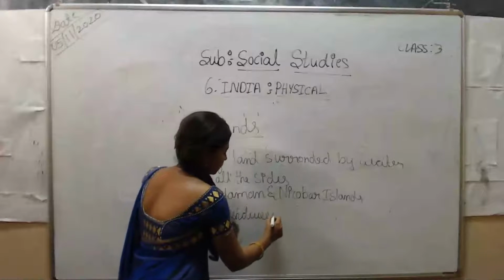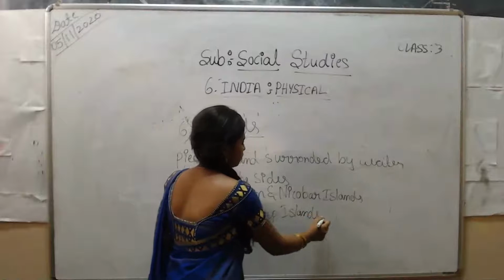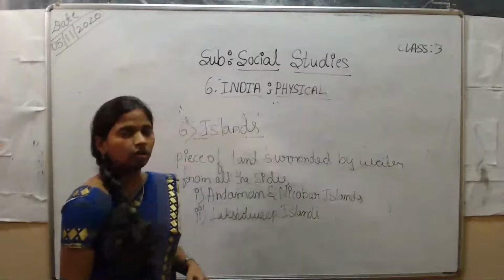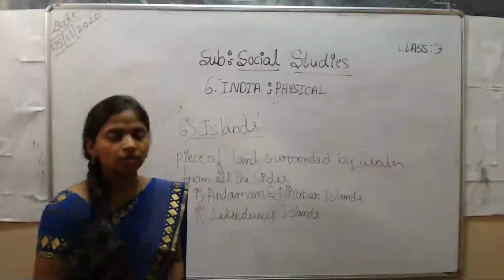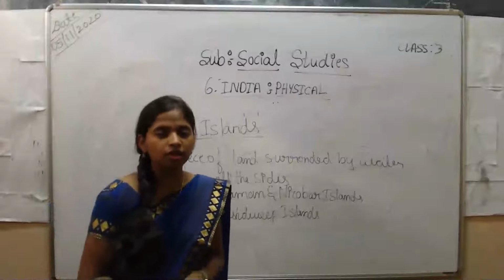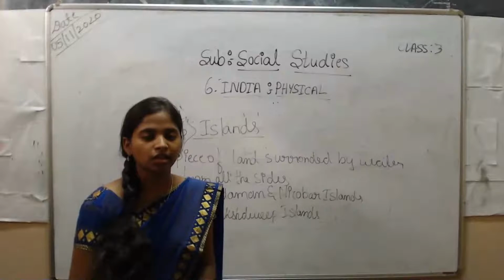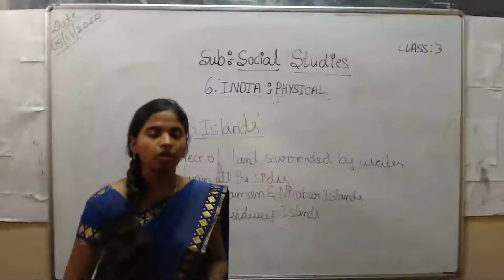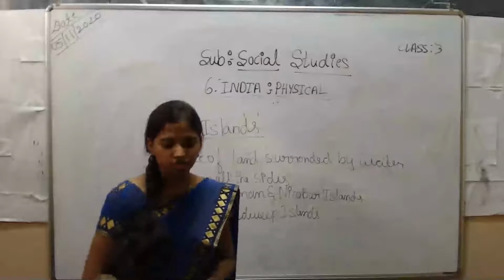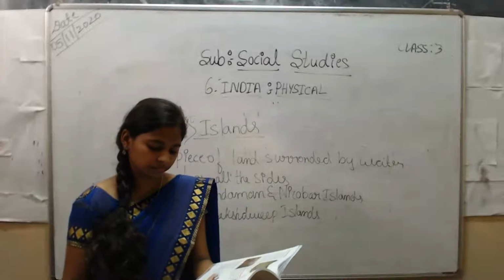Yes, these are the two islands present in our country. So friends, this is all about your sixth chapter. In detail, you will learn in your next classes, like fourth and fifth, all the physical divisions and what are the states which come under these physical divisions. So let us note down the fill in the blanks.